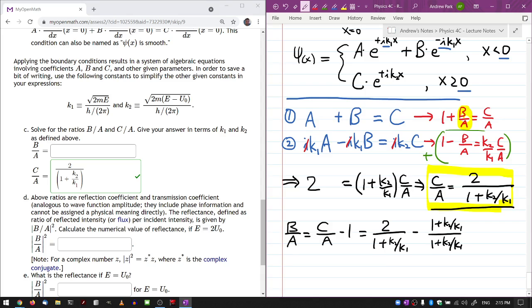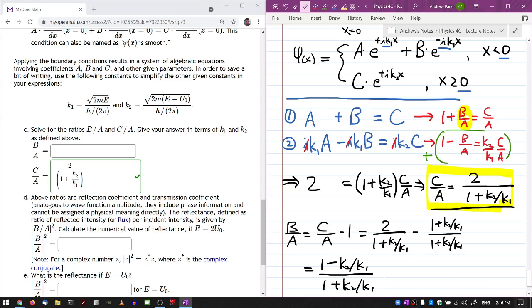Same numerator, same denominator. Now taking this difference, I get on the numerator 2 minus 1, so 1, and then minus k2 over k1, over, on the denominator, 1 plus k2 over k1.